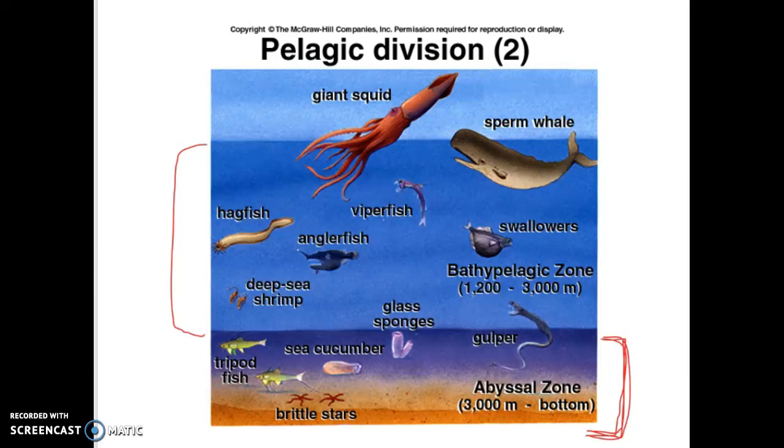Some life is dependent upon chemical energy in the form of bacteria or archaea producing chemical energy and being the base of the ecosystem down there. But a limited diversity because it's a tough environment. No light, incredible pressure, and cold. We just don't know a lot about it.